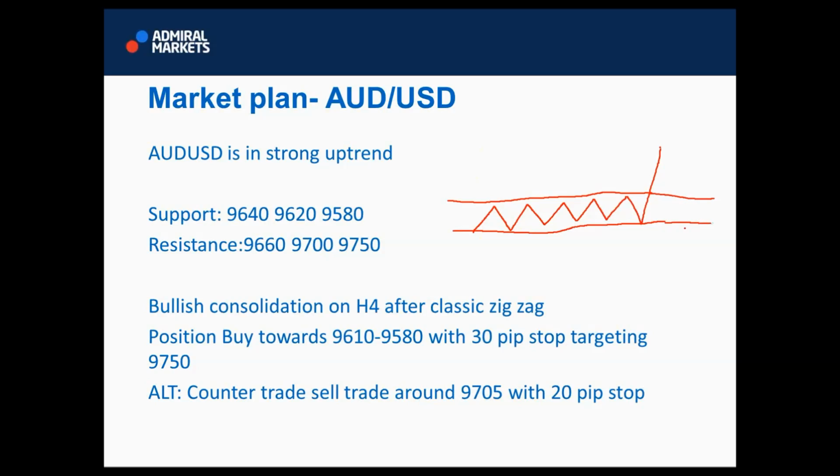If the price breaks here, pulls back here, and continues above this level on the M30 time frame at the moment, we should take a buy order around there, because this is breakout pullback continuation, a 1, 2, 3 bullish pattern.